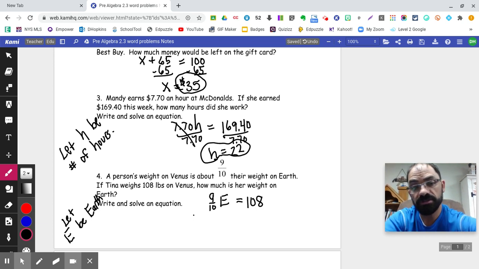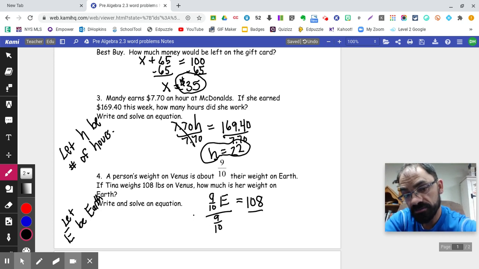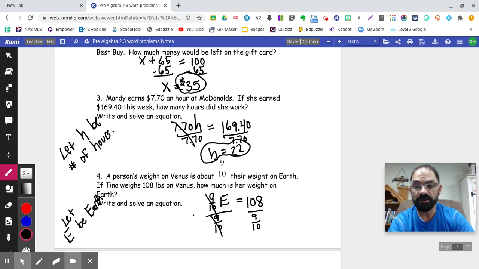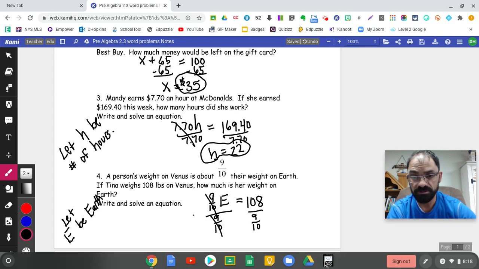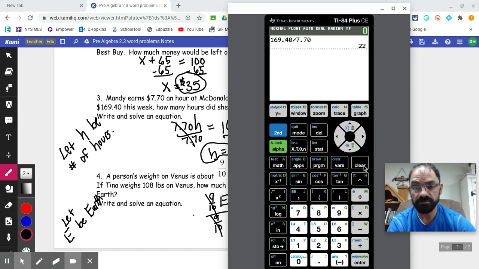So to solve for this, once again, I will divide by 9/10. So 108 divided by 9/10. So let's see what our calculator gives us. Alpha y equals brings up a fraction. We had 108 in the top, and in the bottom, we had another fraction.